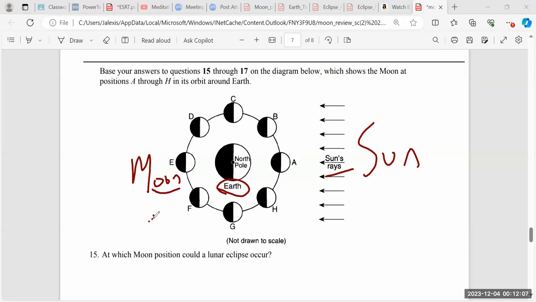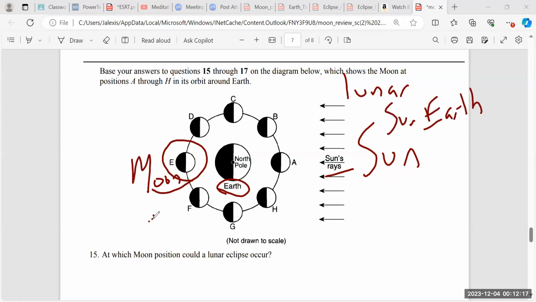And so the correct answer is choice E, because a lunar eclipse is when the Earth is between the sun and the moon, and the Earth is between the sun and the moon when the moon is located right here. So the moon's position, letter E, is the correct answer.